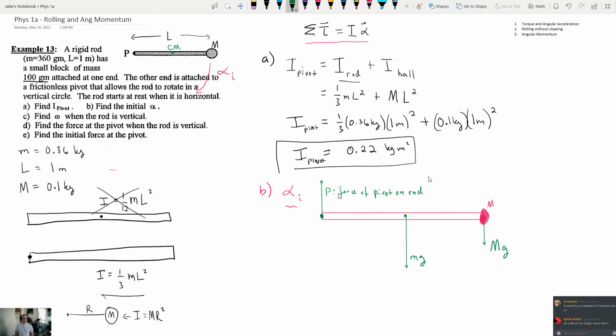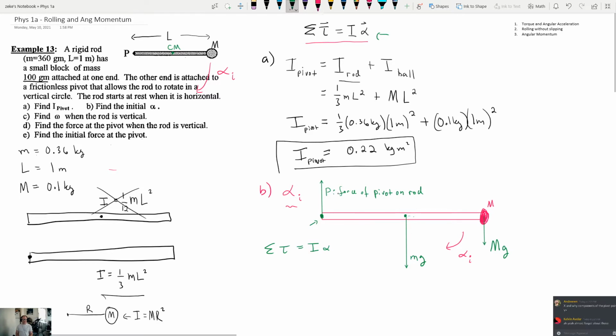Okay, and now we just need to apply this equation right here and solve for the angular acceleration. So let's do that. We're going to be summing all of our torques about the pivot point. Writing that equation down, sum of the torques is equal to I times alpha. The angular acceleration direction is this way, and I'm going to call that alpha initial.